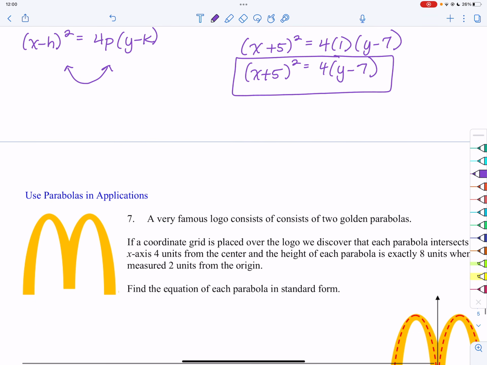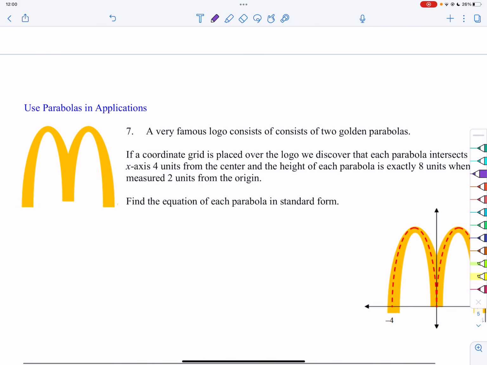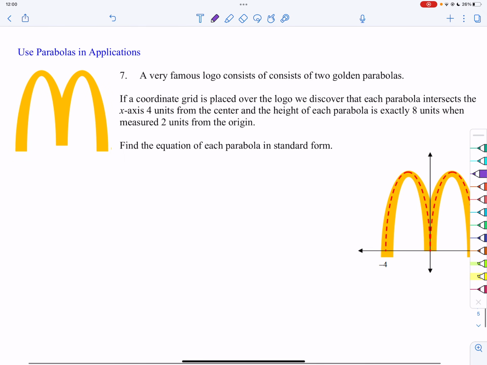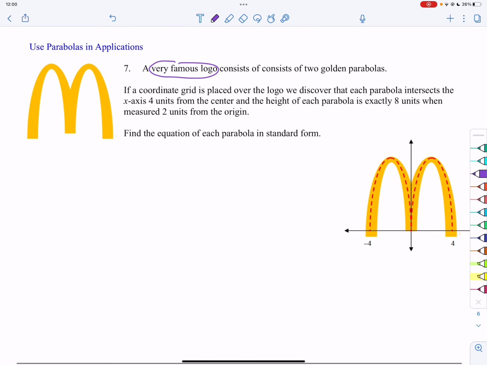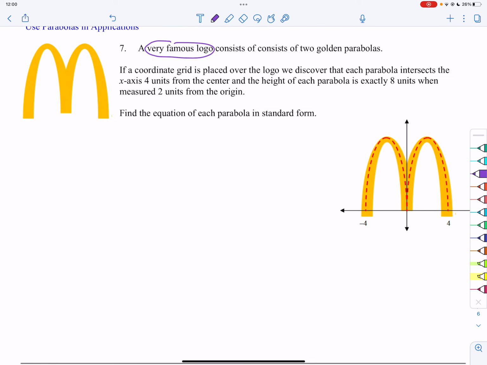Okay, parabolas in applications. Our last problem today is something very famous, a very famous logo, and it actually consists of 2 golden parabolas.